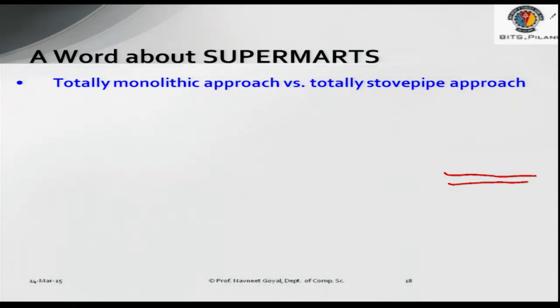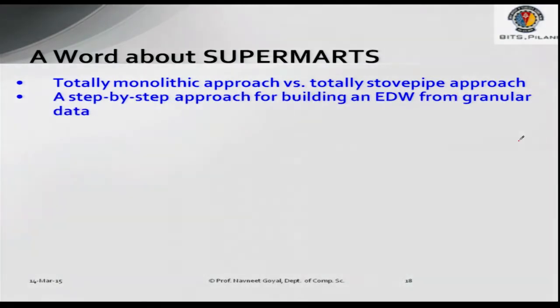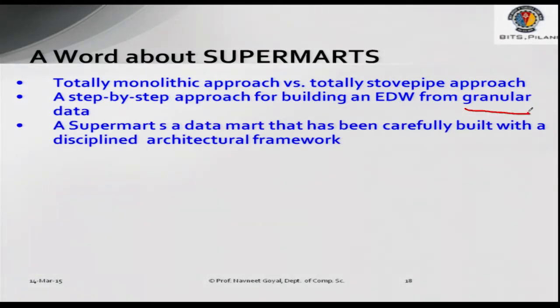So let us see this part now. Let me go to the next point. A step-by-step approach for building an enterprise data warehouse from granular data. This is another important aspect of this.